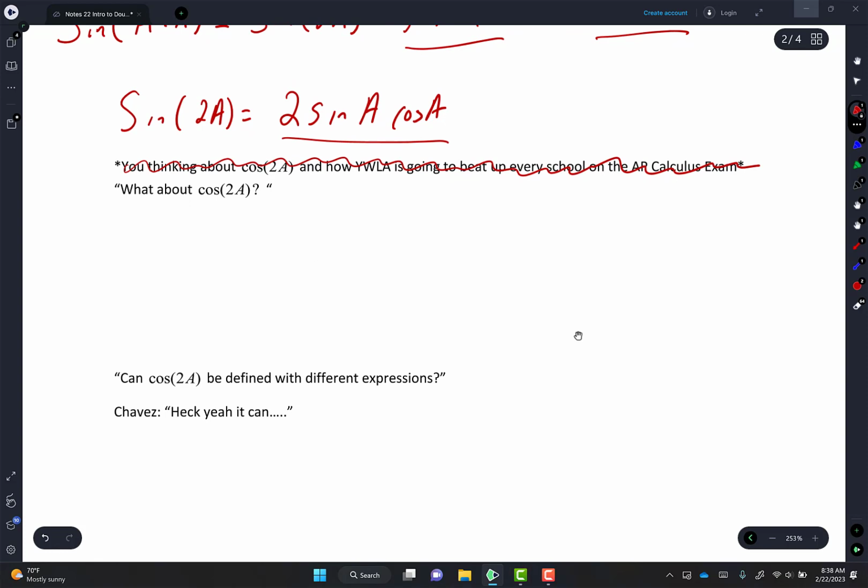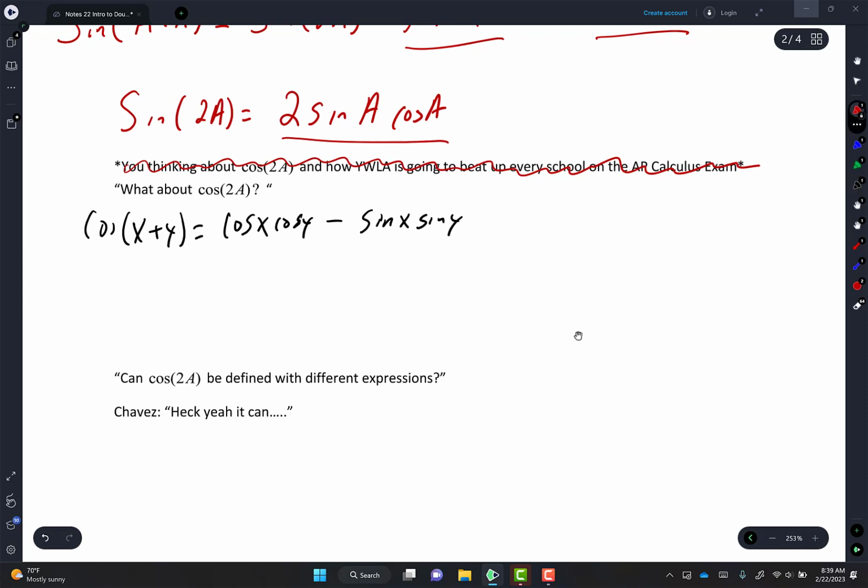Cosine 2a. Well, do you remember how to get cosine of x plus y? That's how we're going to get it. That's a plus in the middle, by the way. Cosine x cosine y, plus or minus? Minus sine x sine y.